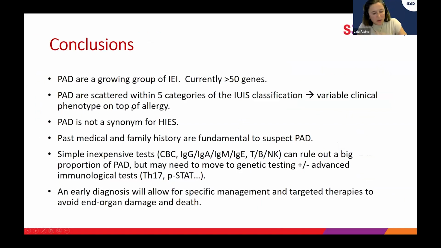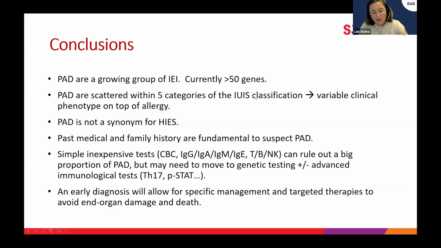So just to conclude, primary atopic disorders are a growing group of inborn errors of immunity with more than 50 genes as of 2024. Primary atopic disorders are scattered within 5 categories of the IUIS. So this means that besides allergy, the phenotype associated with allergy will depend on the category in which the genetic disorder is included.